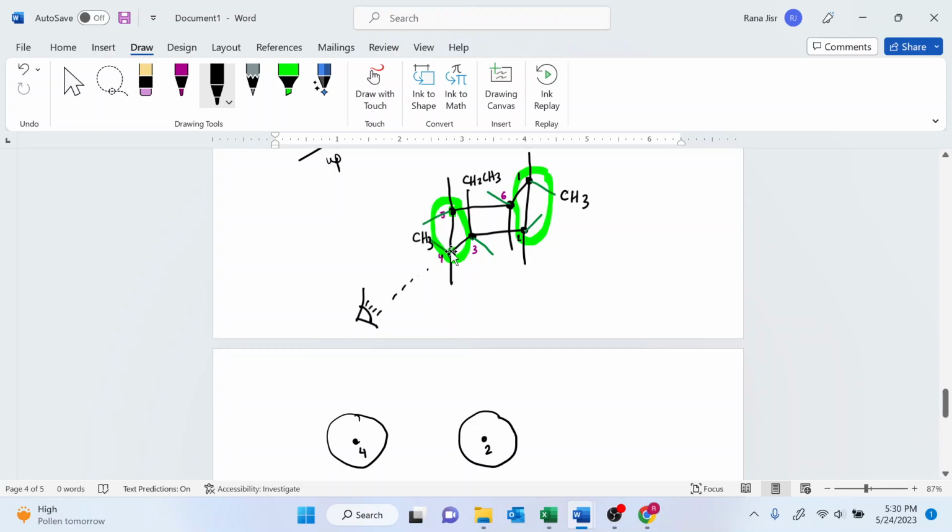So carbon number 4 has a hydrogen pointing down. Of course, all the other axial and equatorial bonds, you fill them with hydrogens. There are no other substituents other than hydrogens here. So on 4, I do have my hydrogen pointing down.